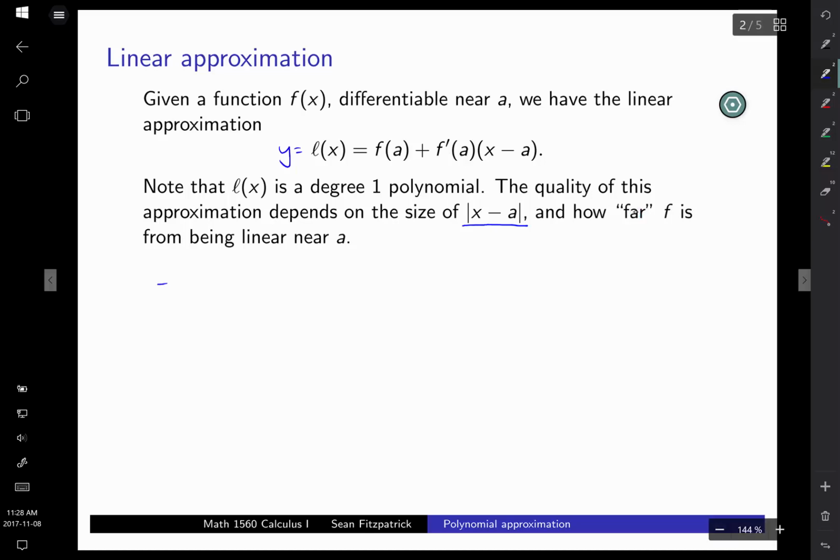And so we know that the deviation from being linear is measured, roughly speaking, by concavity, right?